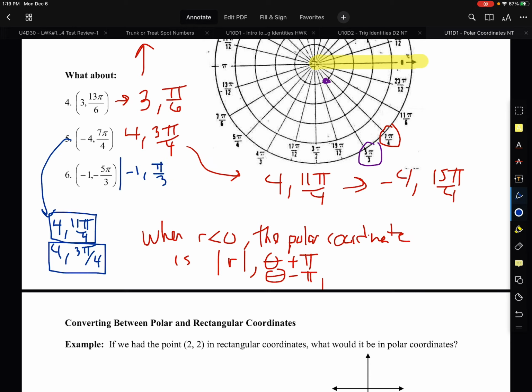Well, then that's an acceptable answer. But if I want a positive r, 1, comma, if I add pi, 4 pi over 3 is another acceptable answer. So whichever one you want to go with, it doesn't matter, it's fine. So there's many answers in that scenario.